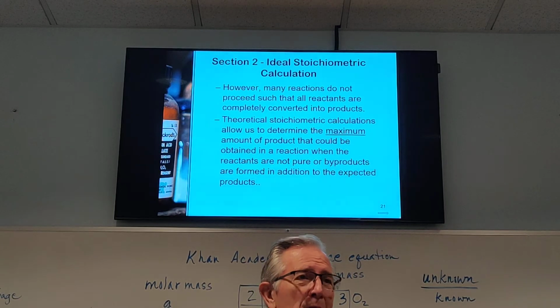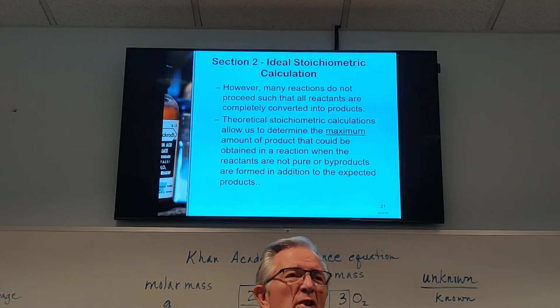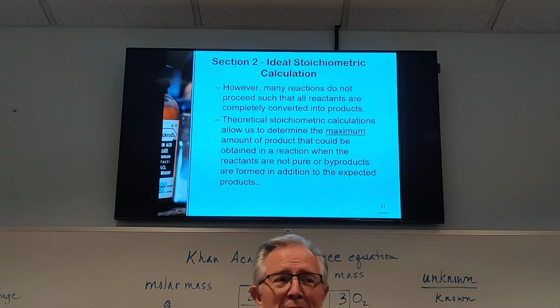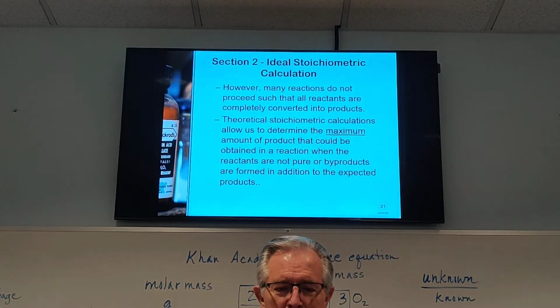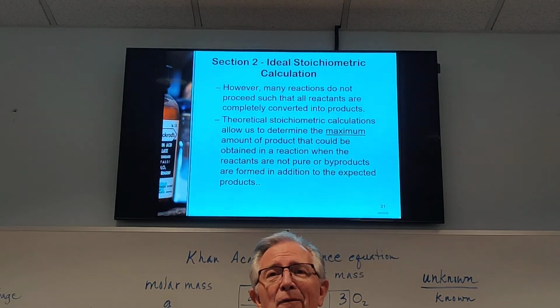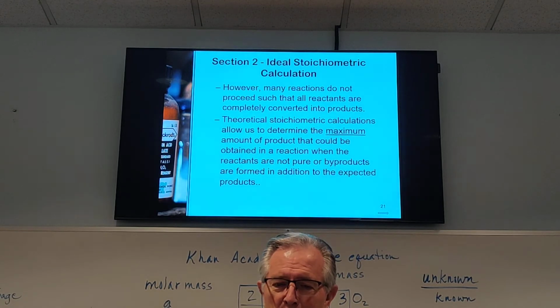And then with your products, one of the things that might happen is if you have a reaction where more than one thing is precipitating, then what I have is actually a mixture of two things. It's not pure, and that's going to mess up your results. So there are other factors you have to deal with, but this is just saying, if in a perfect world, this is what would happen. And we don't live in a perfect world.